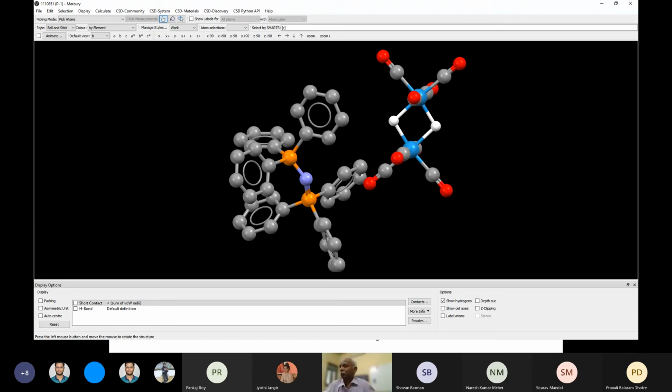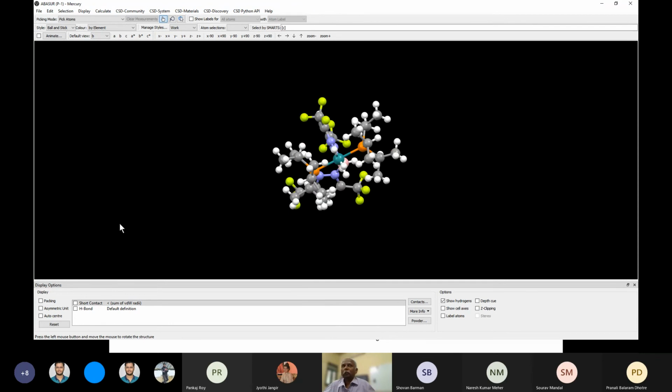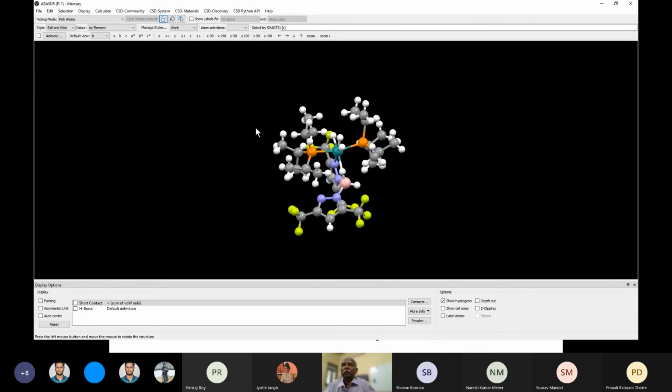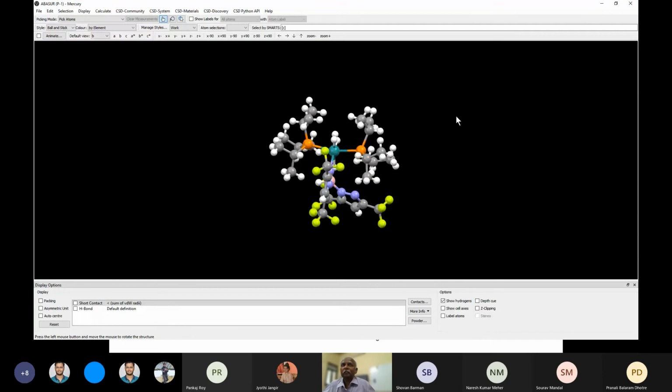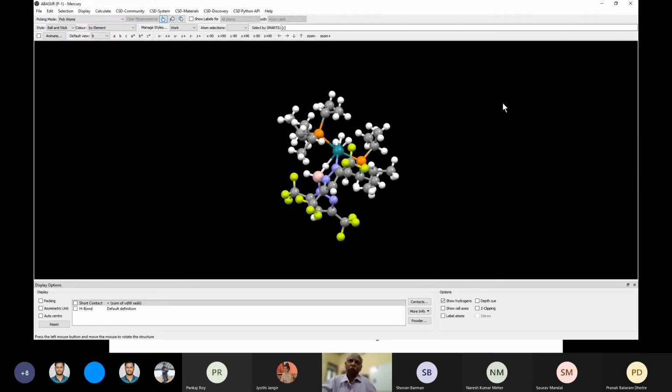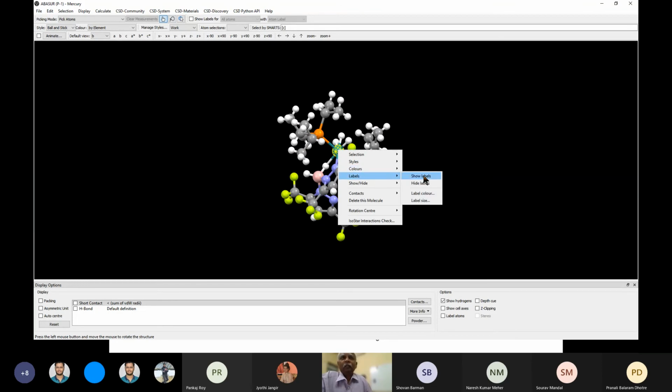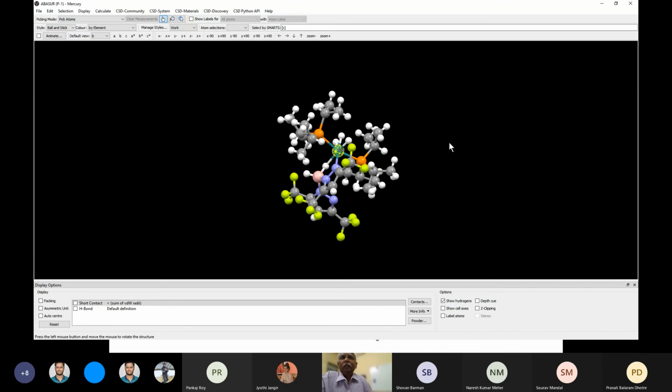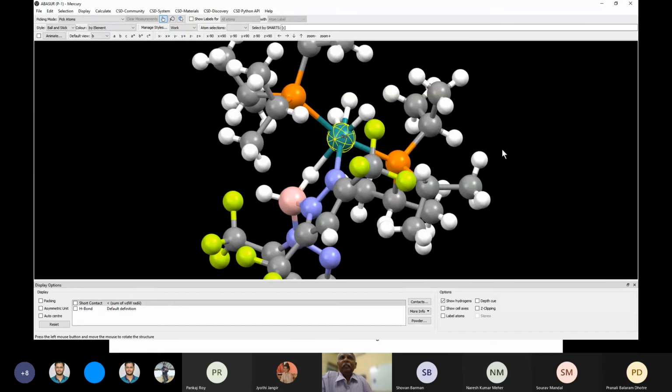And then let me show you just one more system, and I think this is the last one. So in many systems, there are so many hydrogens around the metal that they can interconvert.